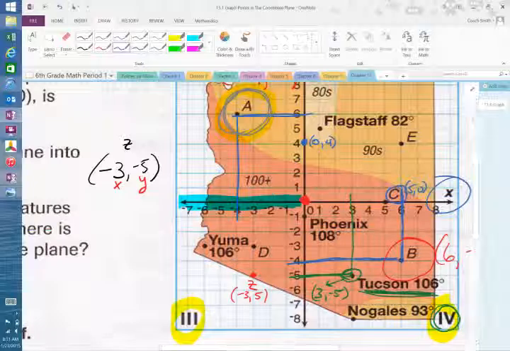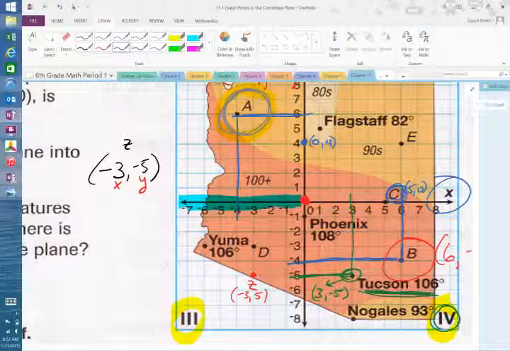Now, here's the other difference. Point C doesn't have a quadrant. If they said to describe the location of point C, the location would be the x-axis.